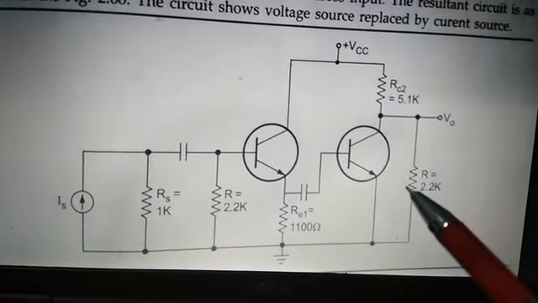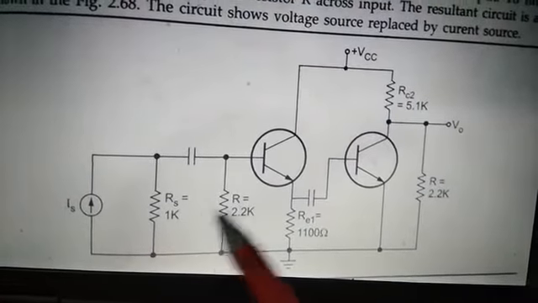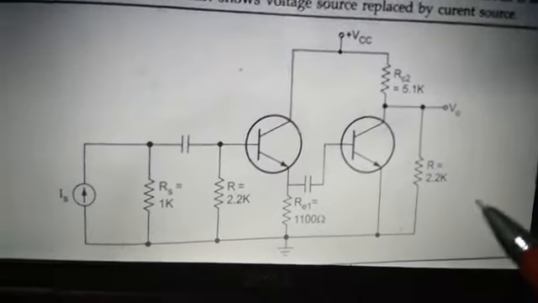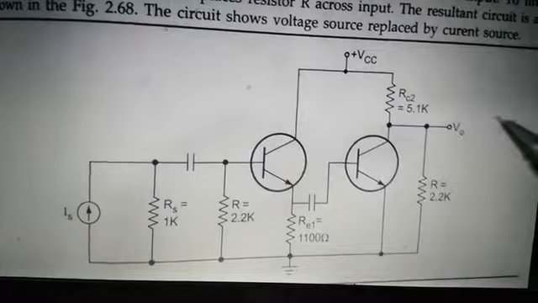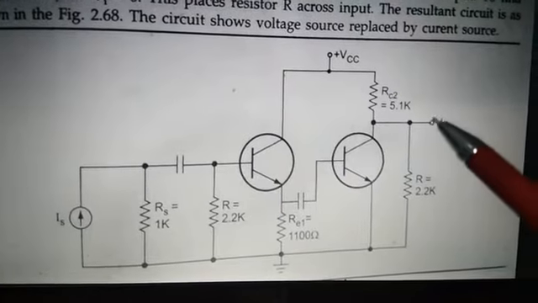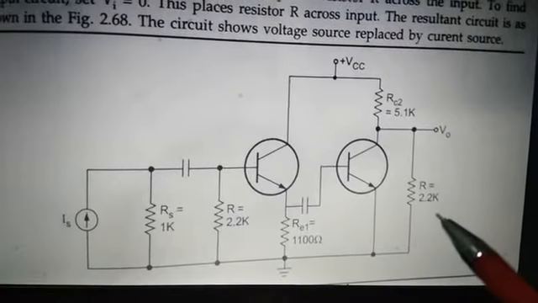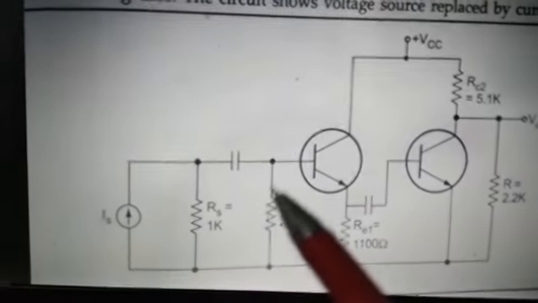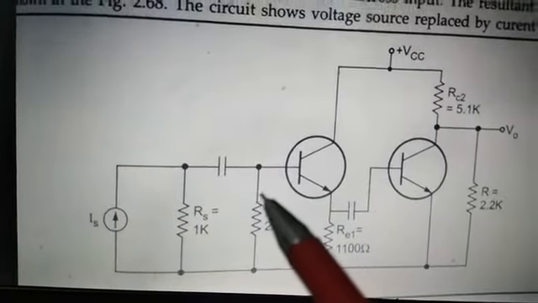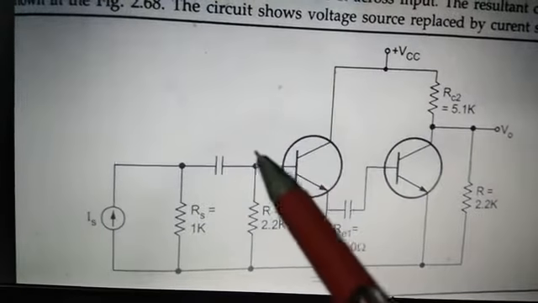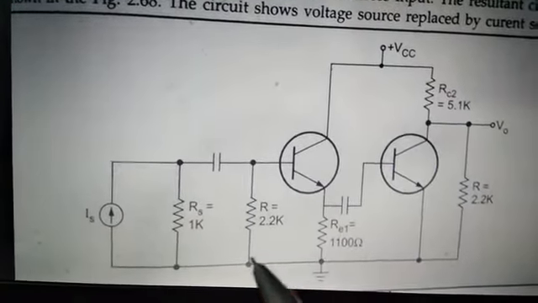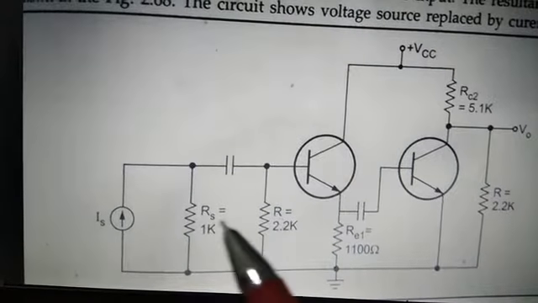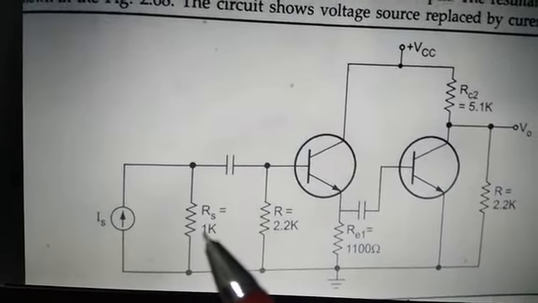Now to get the input equivalent circuit, make the output shorted in the original circuit. Make the output shorted, then what will happen? The feedback resistor which was here will come in parallel with this Norton equivalent, IS and RS.